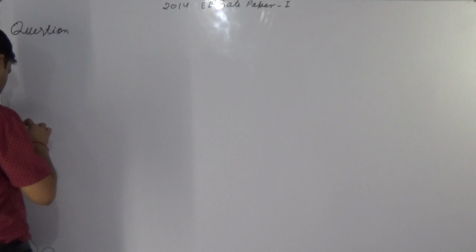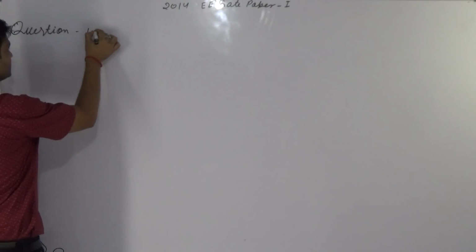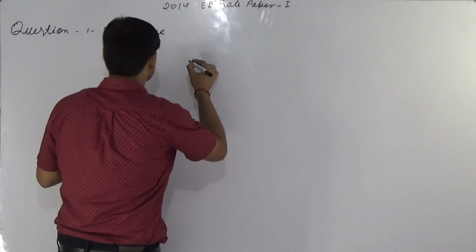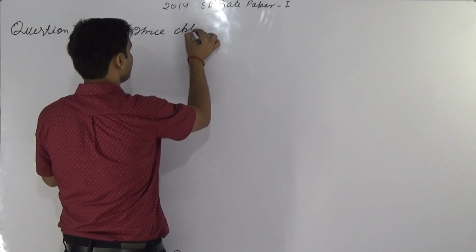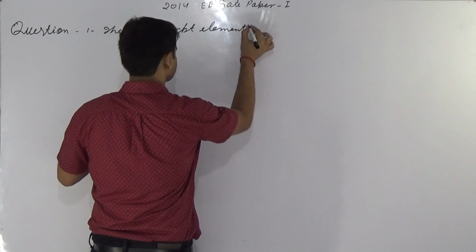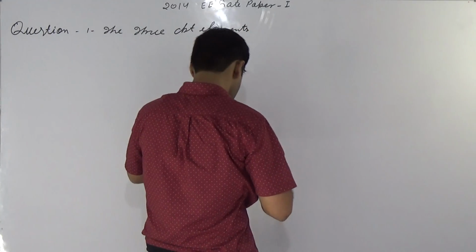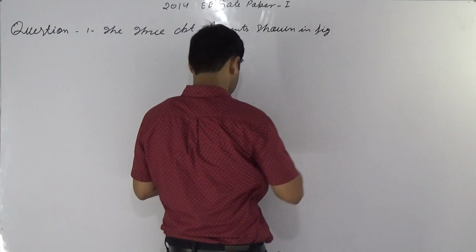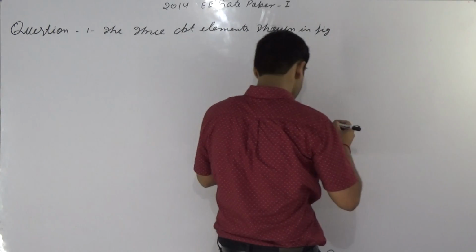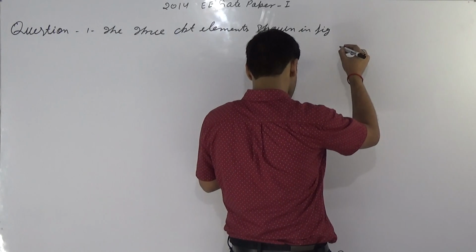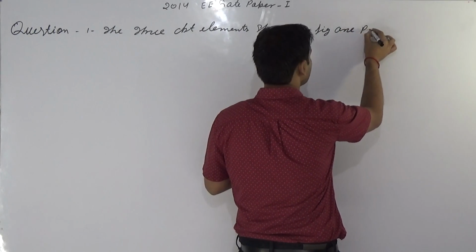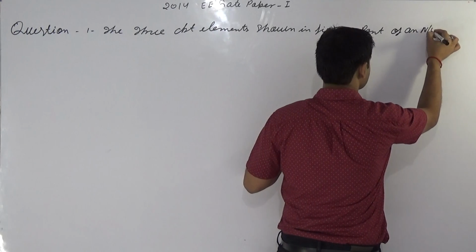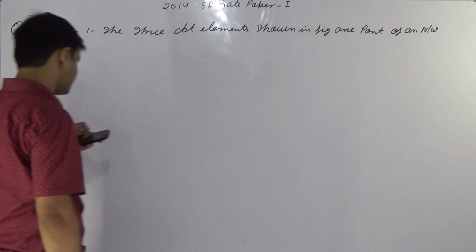The three circuit elements shown in a figure are all part of a network, an electric circuit.